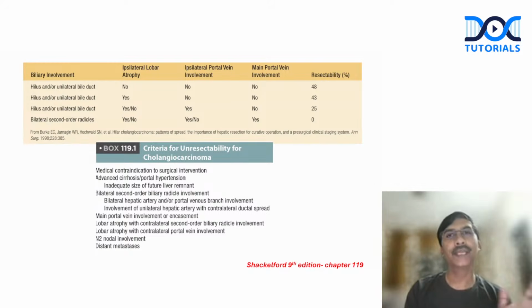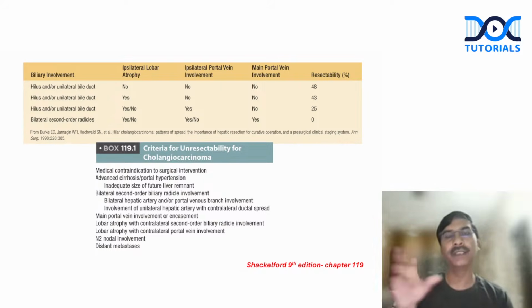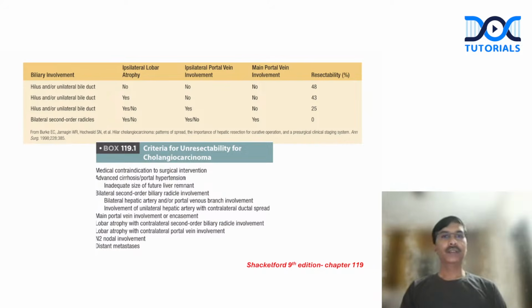Now, if right-sided portal vein is involved, there is left-sided atrophy and left-sided second-order biliary radical involvement, then it is not resectable. Main portal vein, as of now, is considered unresectable, and bilateral second-order biliary radicals are still considered unresectable. Same applies for this also.